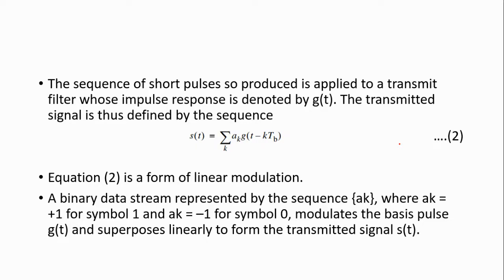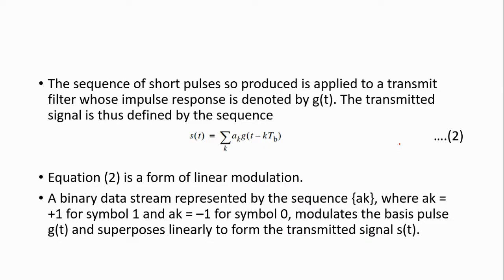The transmit filter impulse response is denoted as g(t). The output of the transmit filter is s(t) equal to the summation of a_k g(t minus kTb). That is, some weight is multiplied with the pulse function, so the system is called a linear modulator system.